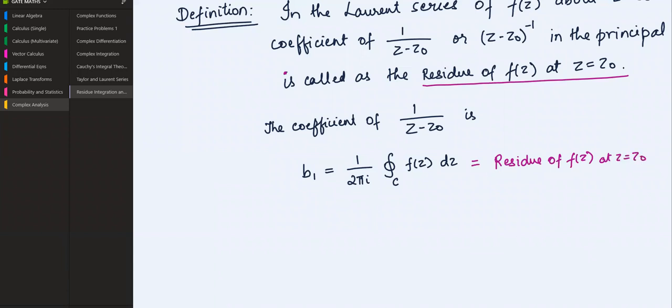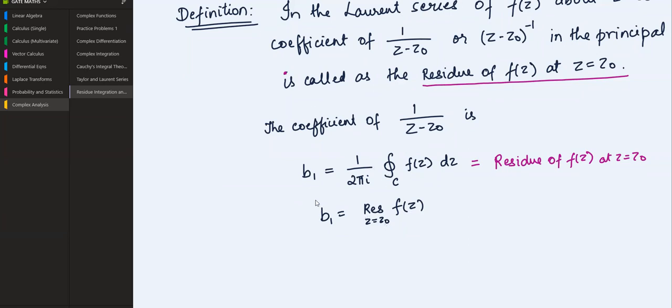So we write like this: B1 is equal to residue, we just write as res, of f of z at z equal to z naught, just like we write limit z tends to z naught of f of z.